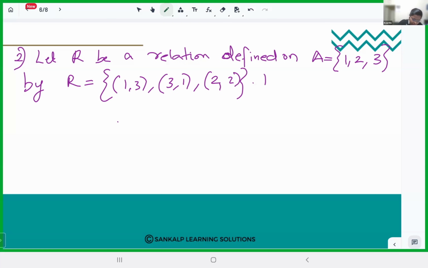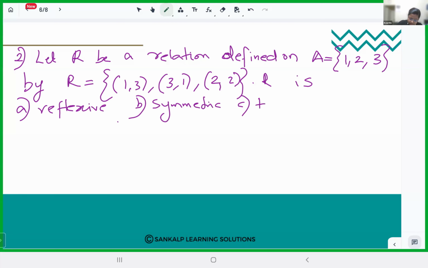Then R is: first option, reflexive; second, symmetric; third, transitive; and fourth, reflexive but not transitive.